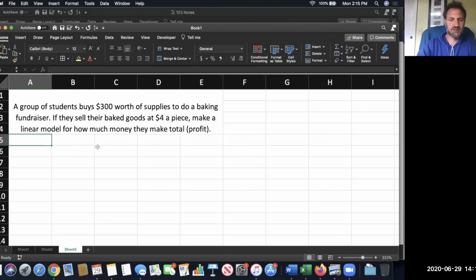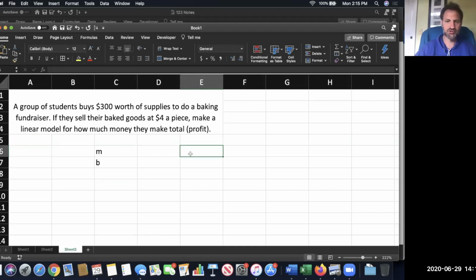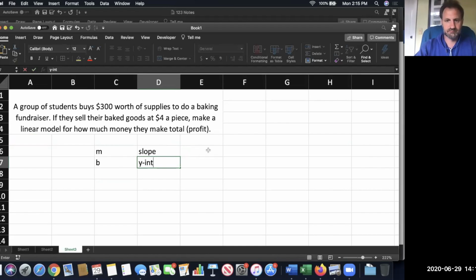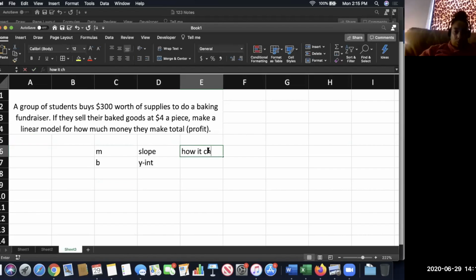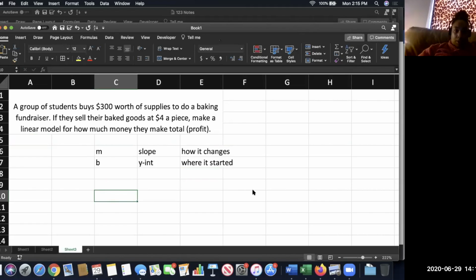Okay. First, can we just identify who's M, who's B? Then we'll try to get the numbers together into an equation. So which one is the slope? Which one's the y-intercept? What do you think? $4 is the slope and 300 is the y-intercept.